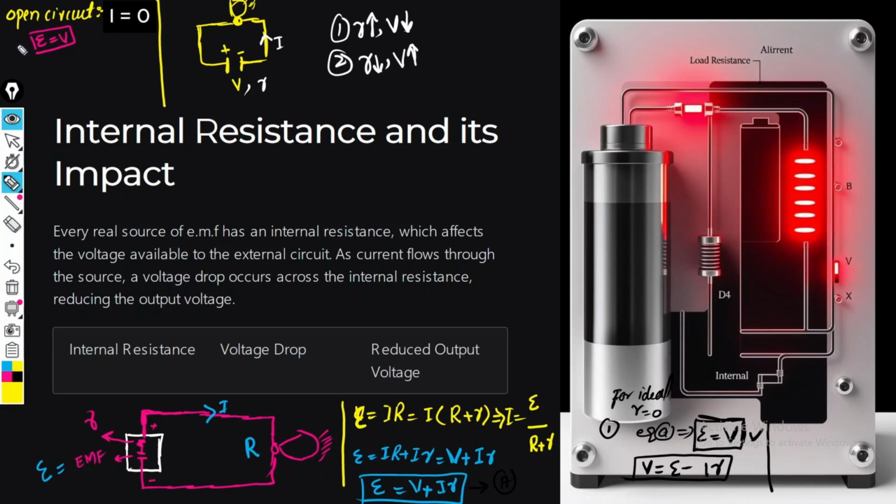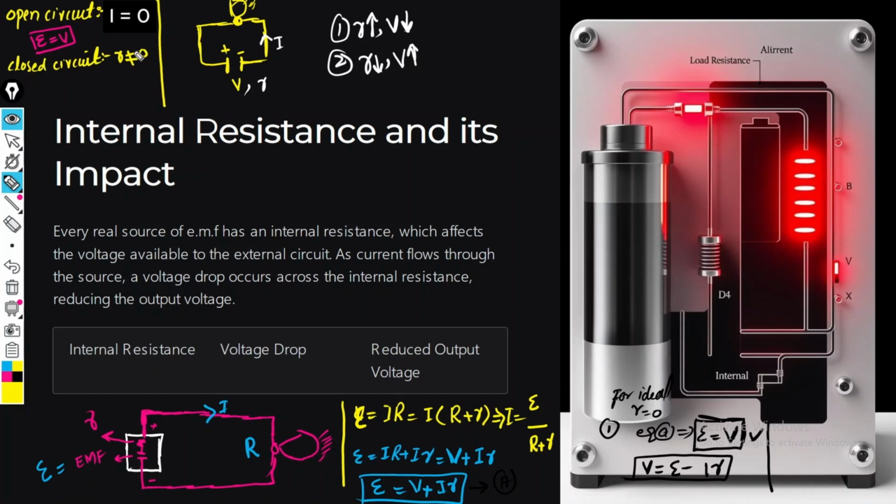Now for the closed circuit, there must be internal resistance. So this internal resistance will not be equal to 0. If the circuit is closed, there must be some redox reaction due to which heat will be produced, and due to which some resistance will occur inside this battery.